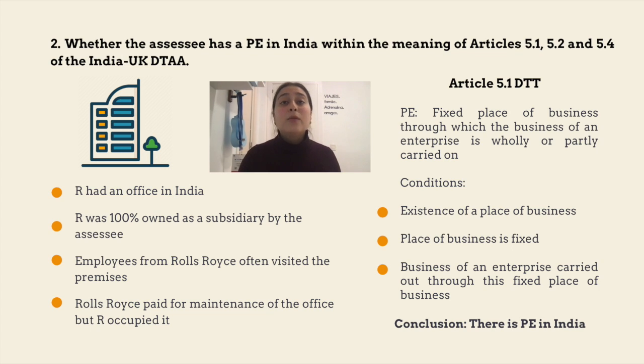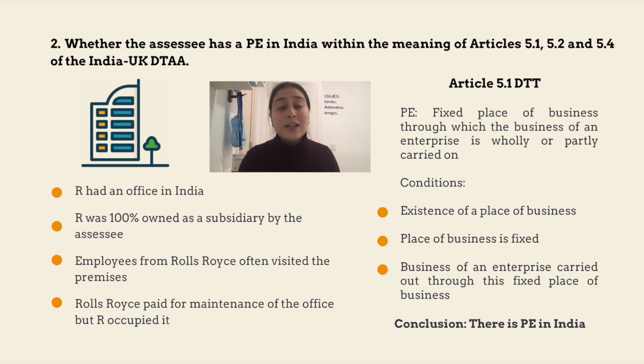The court found that just the fact that an enterprise has a certain amount of space at its disposal, which it uses to carry out its business activities, is enough to constitute a place of business. And moreover, as long as Rolls-Royce could use the premises for business activity and had a certain control over these premises, this was to be considered a permanent establishment.